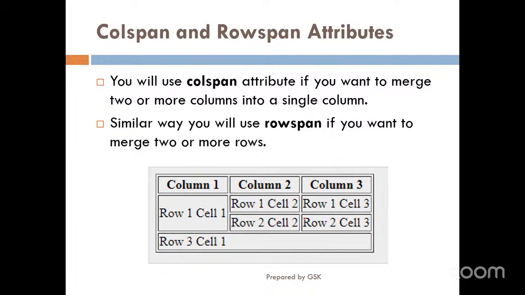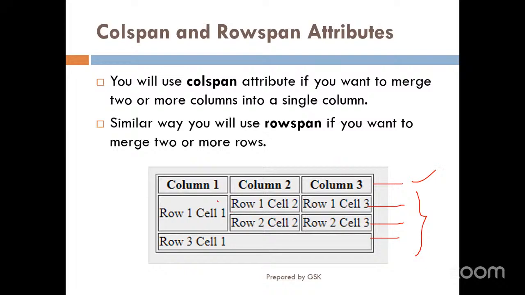Next, rowspan. In a similar way to how we implemented colspan, we can implement rowspan also. Observe here. How many rows do we have? Row 1 is the heading row, then 2, 3, so three rows. This is one heading row.